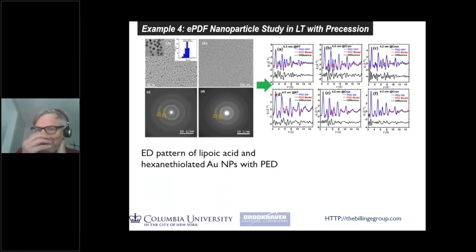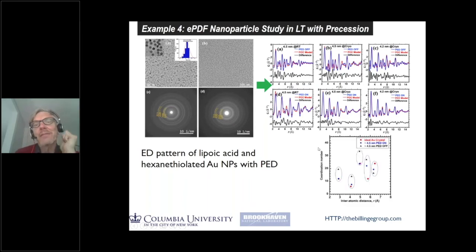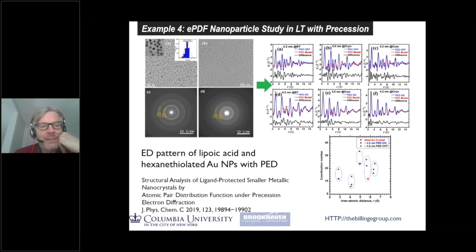And he's also showing some of his work using ePDF on lipoic acid and hexane thiolated gold nanoparticles. Again, he's showing measured data here and then a calculated model and a difference curve underneath. And there's really good quantitative agreement between calculated models and the ePDF. So you can get quantitative structural information using this approach.